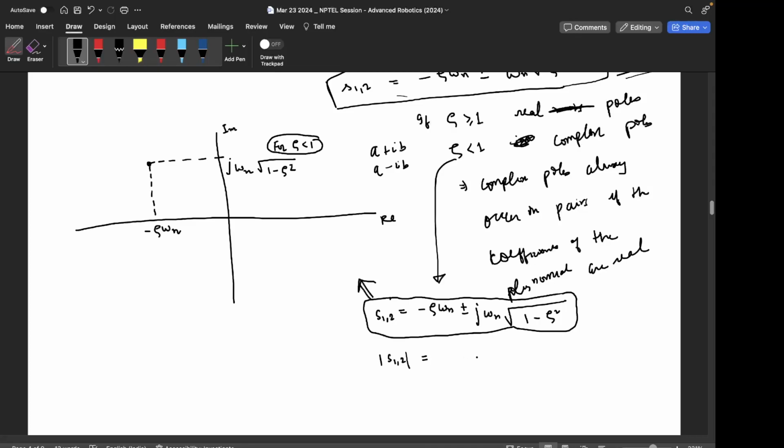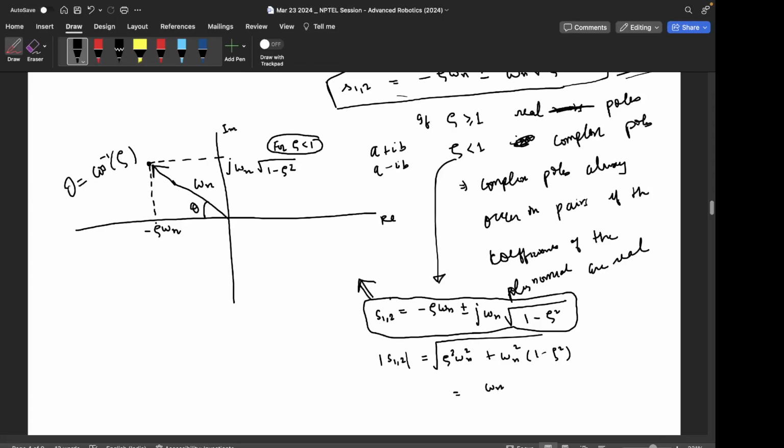So it will be under root of xi square omega n square plus omega n square into 1 minus xi square, and this is omega n. So the distance of this point from the origin is omega n, and this angle theta you can see is cos inverse xi.